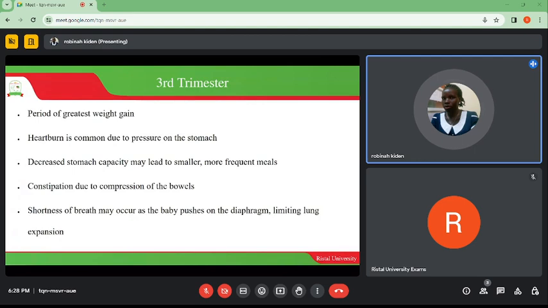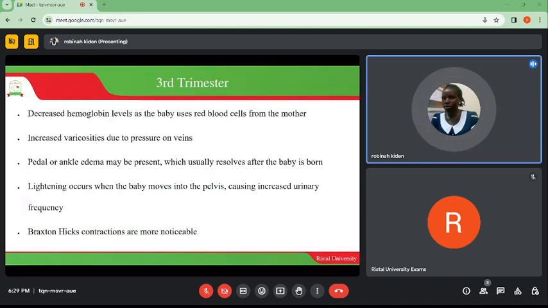Then shortness of breath, which may occur as the baby pushes on the diaphragm, limiting lung expansion. So the mother may not be able to breathe properly. Decreased hemoglobin levels as the baby uses red blood cells from the mother.